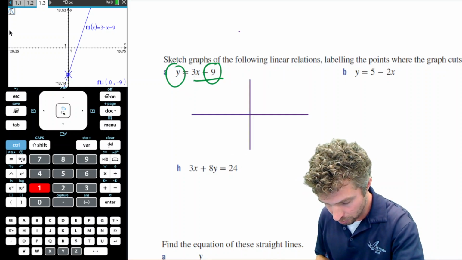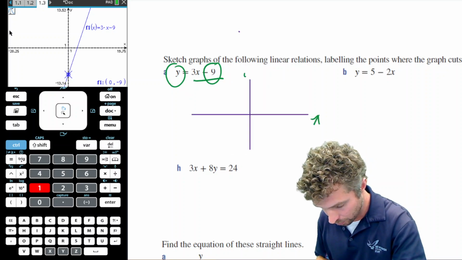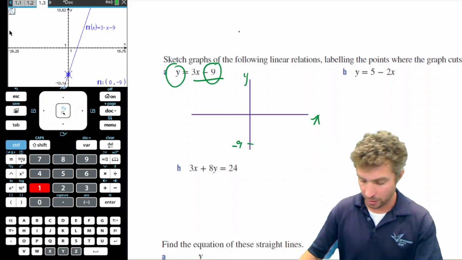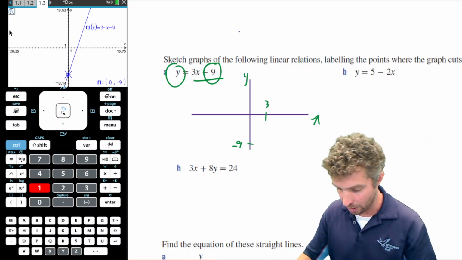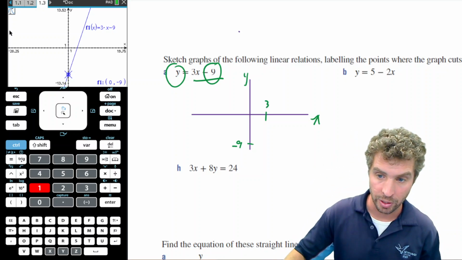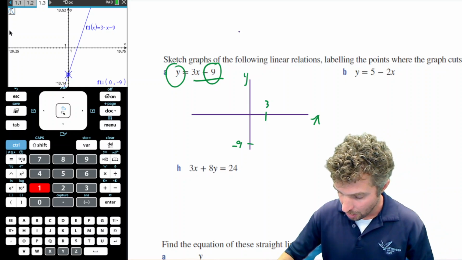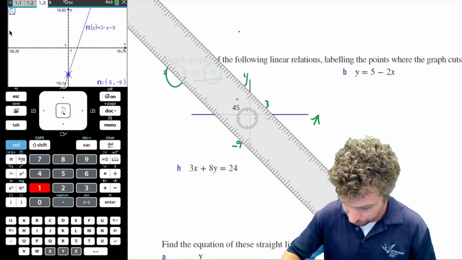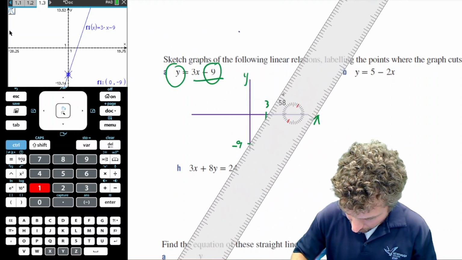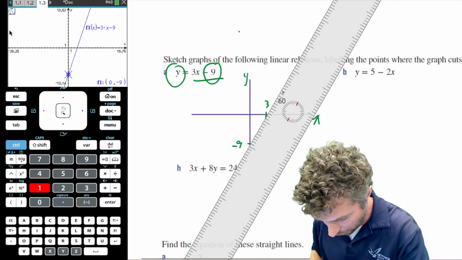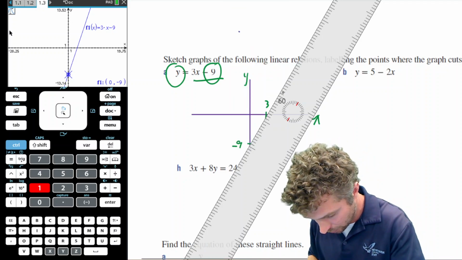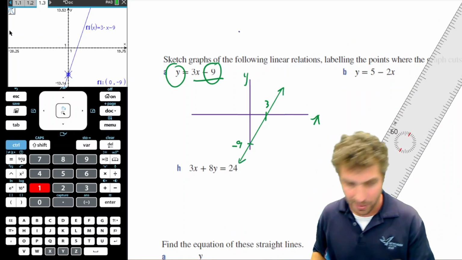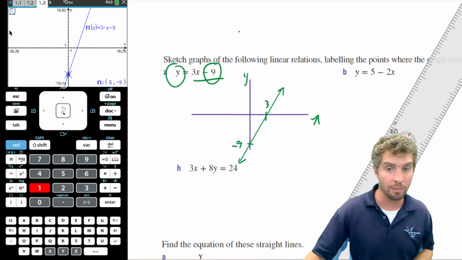And I'm going to draw x and y, and I'm just going to put -9, and then I can look and see that the other intercept, the x-intercept, is 3, and so I'm going to grab my ruler on my nice OneNote page here and draw the line. Okay, there we go.